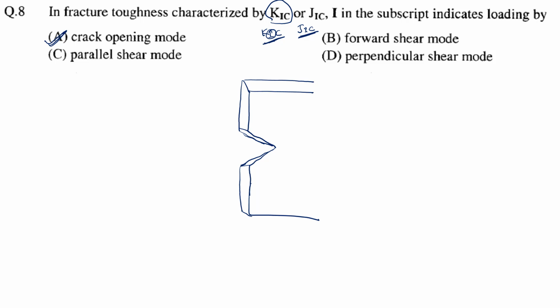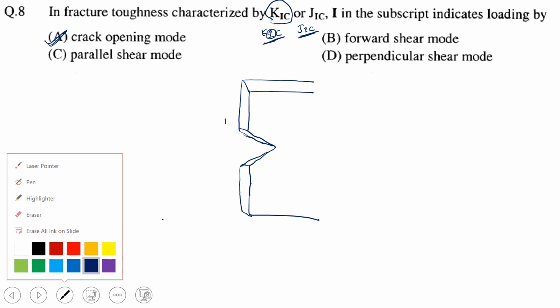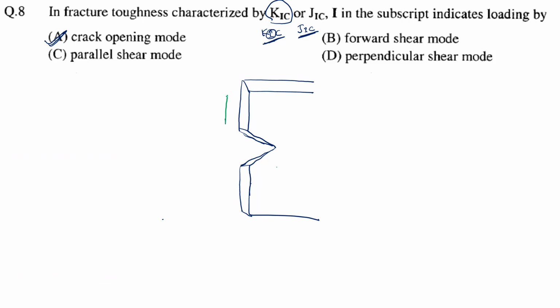The first force is along this direction, which is denoted by your K1C. This is your crack opening mode, because here it is a crack and this force is directed such that the crack gets opened. That's why it is called crack opening mode.